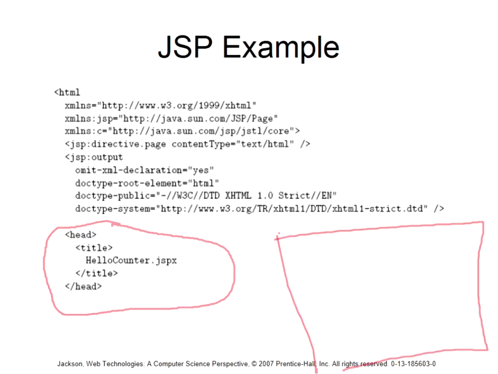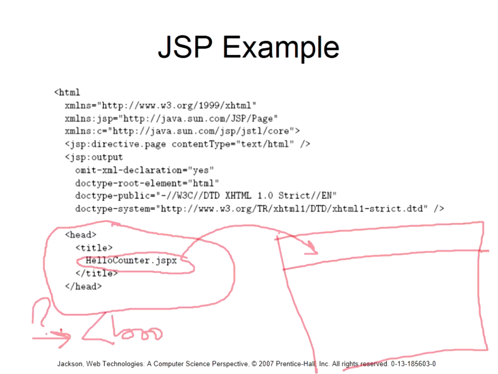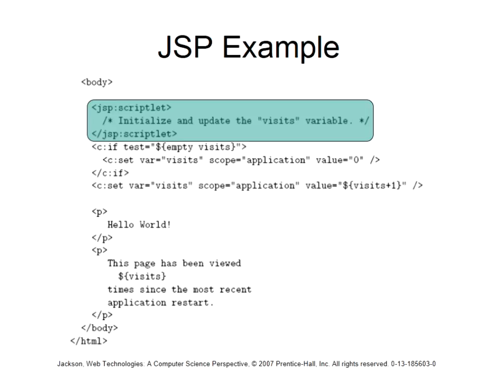So when we execute this GSP example, we will find hello counter.gspx in the title bar. Very good. Now we will continue with this example. So the next tag will be what? Body. Very good. So the body tag.